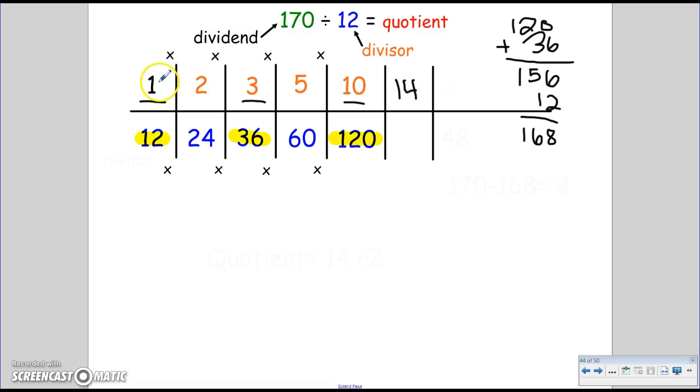We know that 1 times 14 gives us 14. 12 times 14 gives us a product of 168.